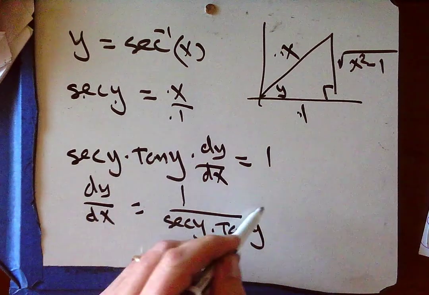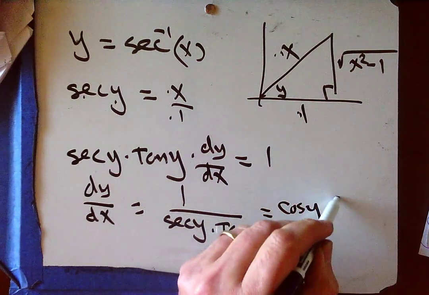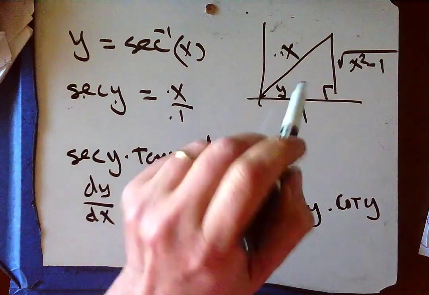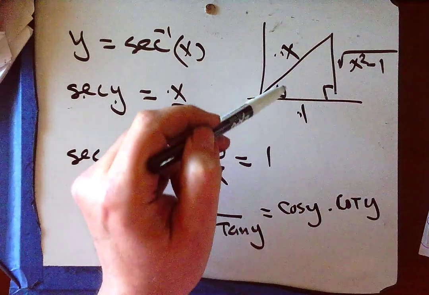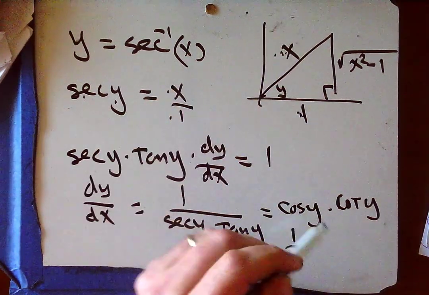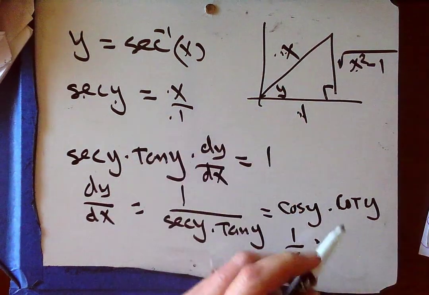So 1 over secant, that's cosine y, and 1 over tangent is cotangent y. Now let's use the picture to say what cosine of y is. Cosine is adjacent over hypotenuse, and cotangent is adjacent over opposite.